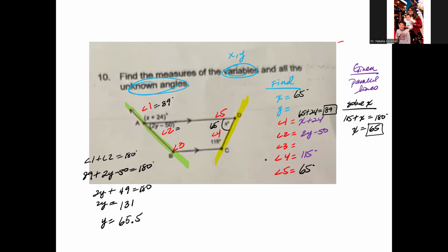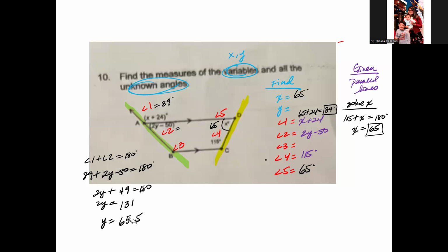Use your calculator just to check. So that's the value of y, so then you can find angle 2.